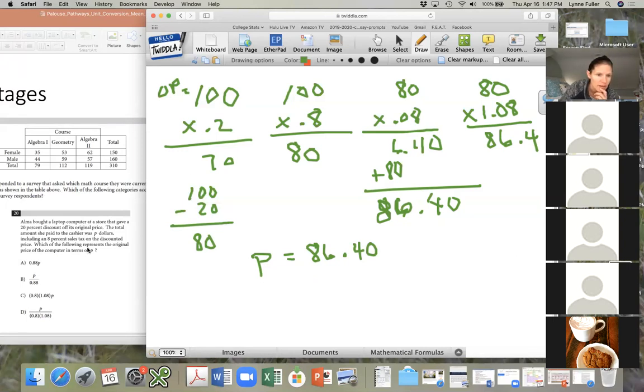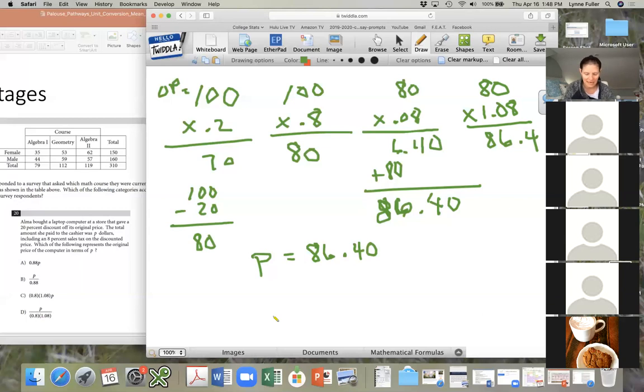So which of the following represents the original price of the computer in terms of P? Okay, so using this information, our goal is to try to get back to the original price. So we can calculate all the answers. 0.88 times 86.4 is $76.03. That's not $100.